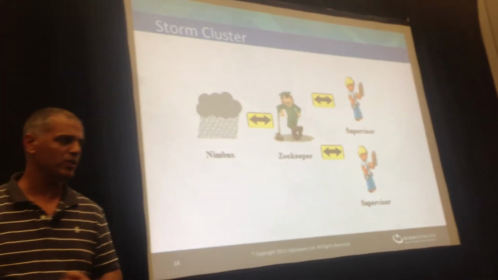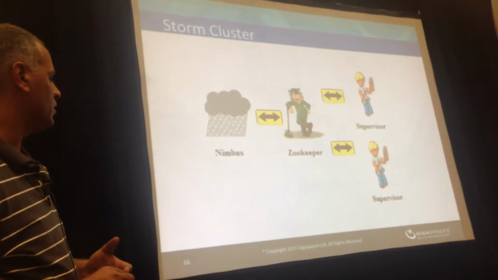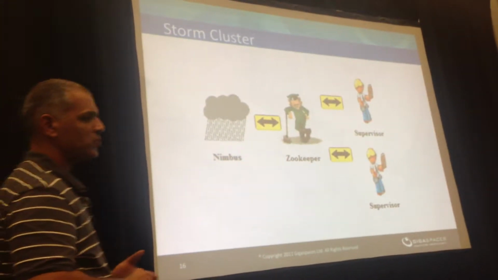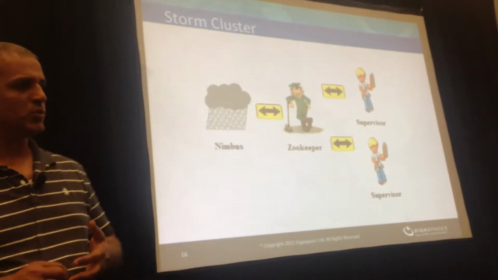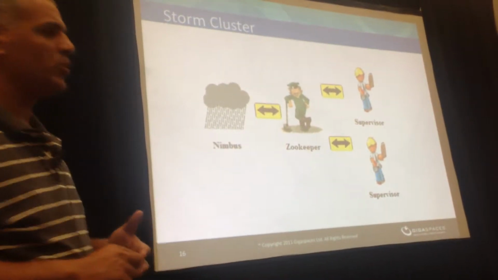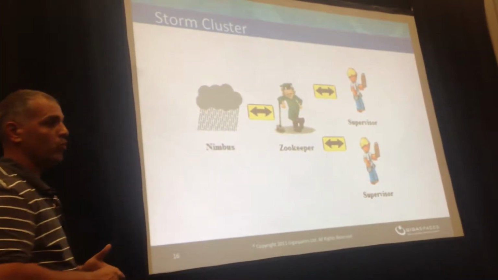From an architecture perspective, Storm is built out of these main components. The Nimbus is basically the router, if you like, the broker of that system, and we have the supervisor, which is the worker, and Zookeeper is the state that the Nimbus is using to actually know where to route the data.